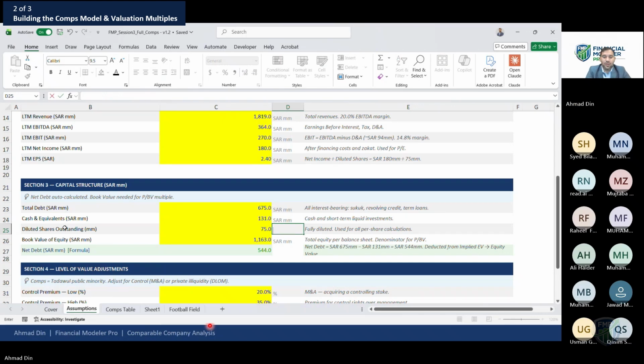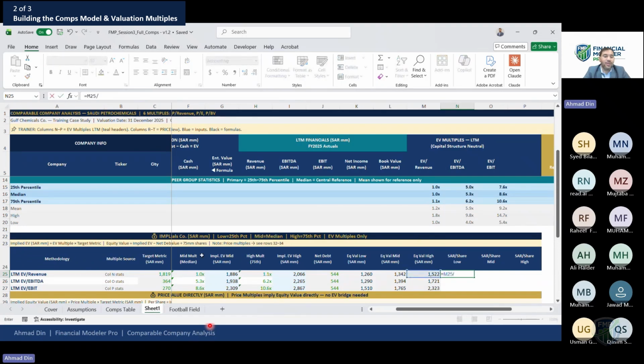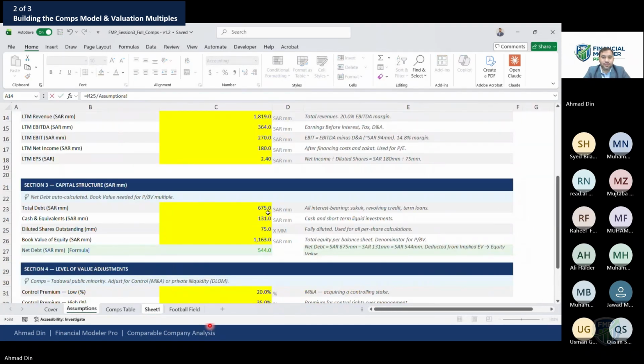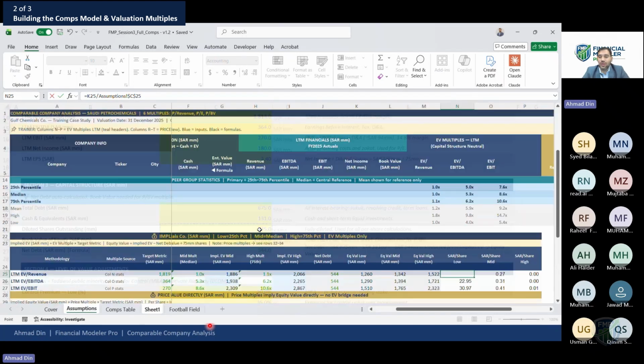So we say that if we have 75 million shares, we calculate this divided by the number of shares. So we get the per share value. We need this divided by our first low, then we will move forward.